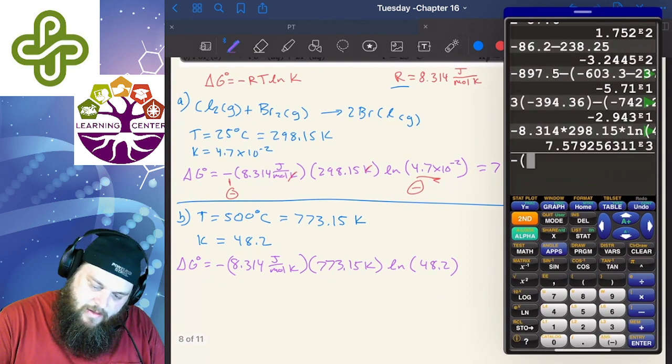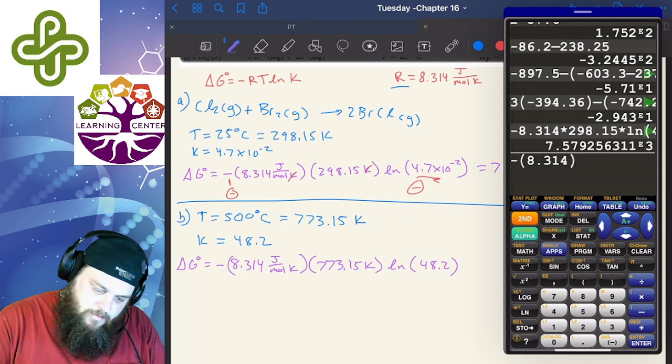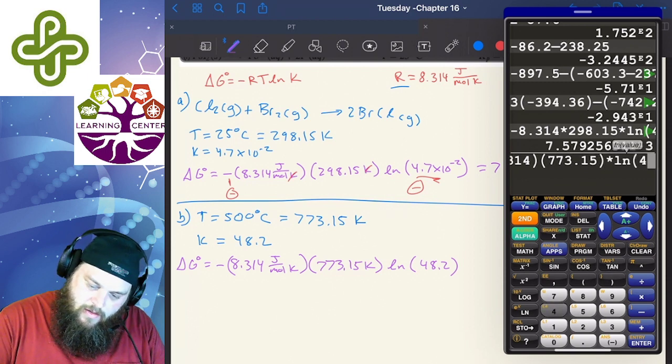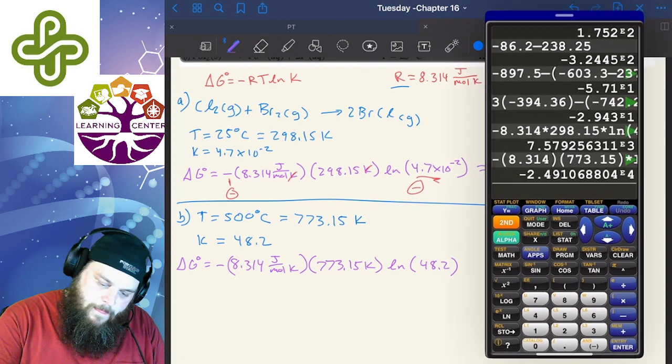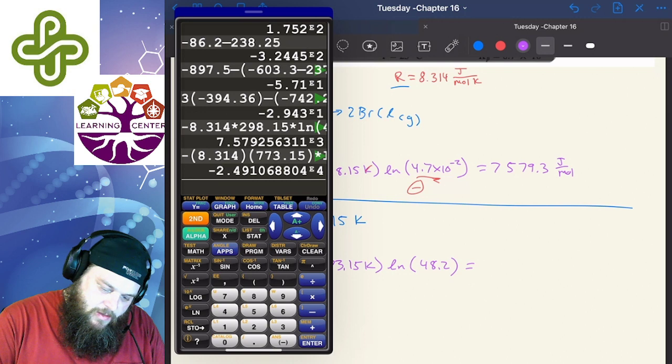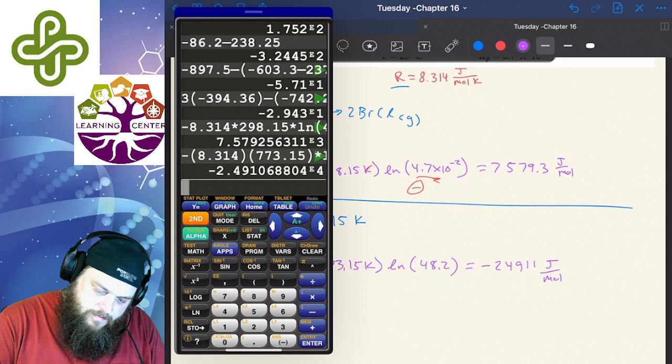So it's negative 8.314 times 773.15 times the natural log of 48.2. And that's going to equal negative 24,911 joules per mole.